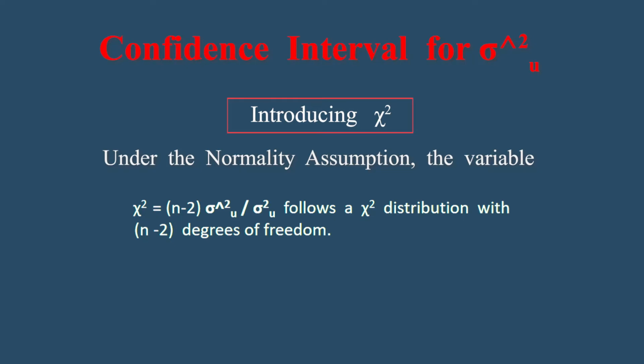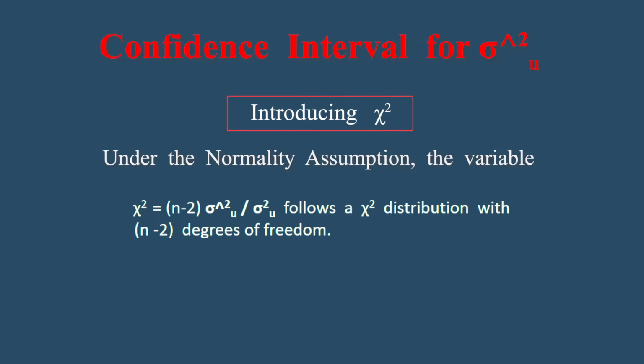As we introduce this chi-square distribution, it follows n minus 2 degrees of freedom, because in a two-variable regression model, alpha and beta are the unknown parameters to be estimated. By the formula of degrees of freedom, we have the number of observations minus the number of parameters to be estimated. So this goes back to the expression n minus 2 multiplied by sigma hat square u by sigma square u.